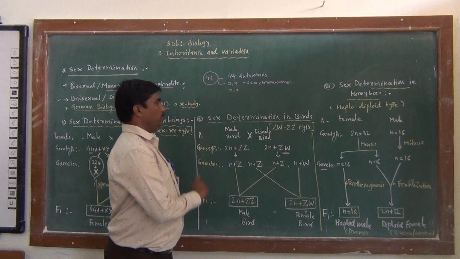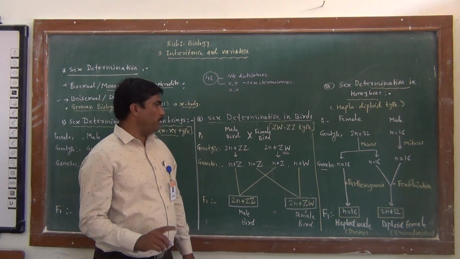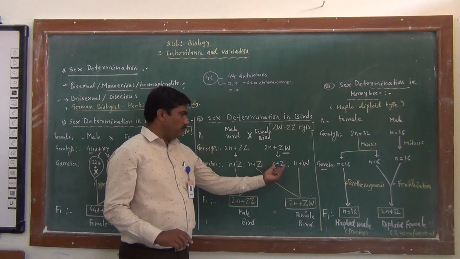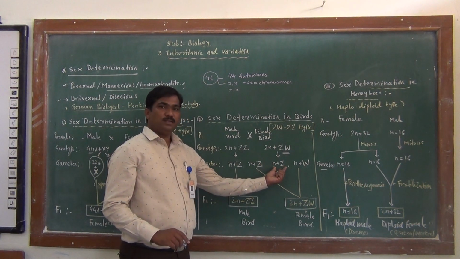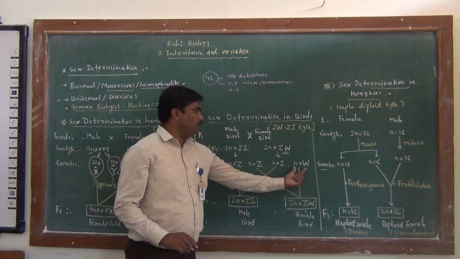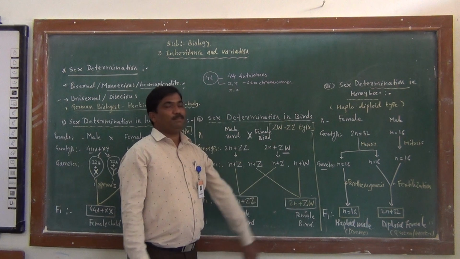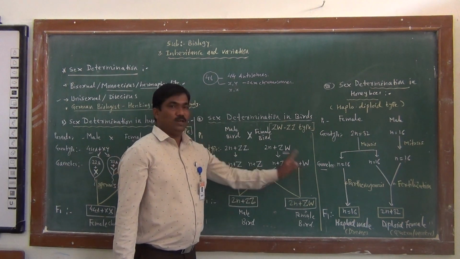So female bird is heterogametic because the female bird produces two types of eggs. 50% of eggs contain Z chromosome, and 50% of eggs contain W chromosome.